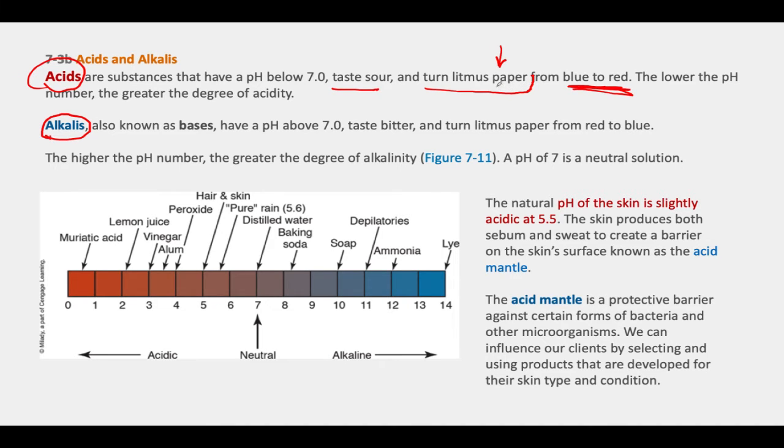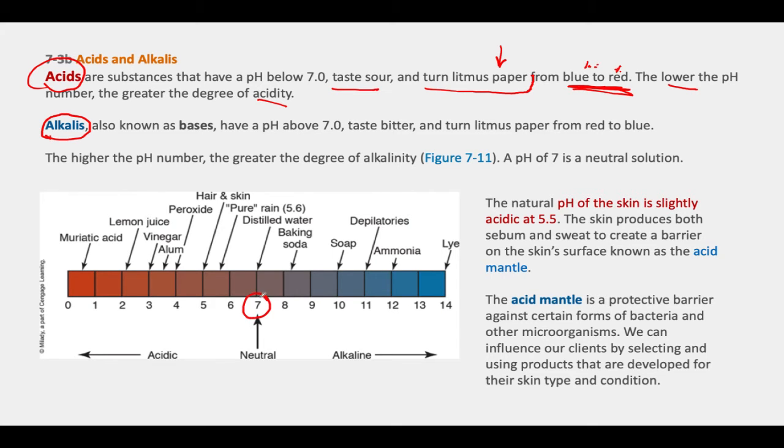This litmus paper will turn blue to red, and there are certain litmus papers that go from red to blue as well. They have a color range that you can use to measure the pH of your particular solution, and you could even use that to measure your skin pH. The lower the pH number, the greater the degree of acidity. So what are we talking about there?